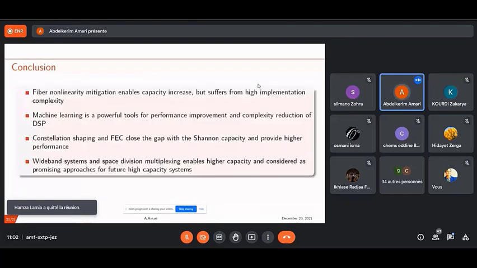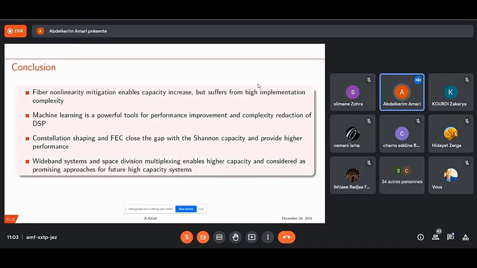To conclude this talk, nonlinear compensation, mainly for Kerr and use of nonlinear effects, enables increase of capacity because we can transmit at high power. Then we can use higher order modulation, which has, of course, high spectral efficiency, but suffers from high implementation complexity for real-time systems.